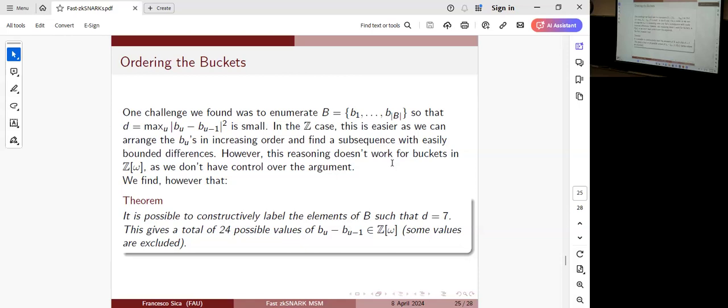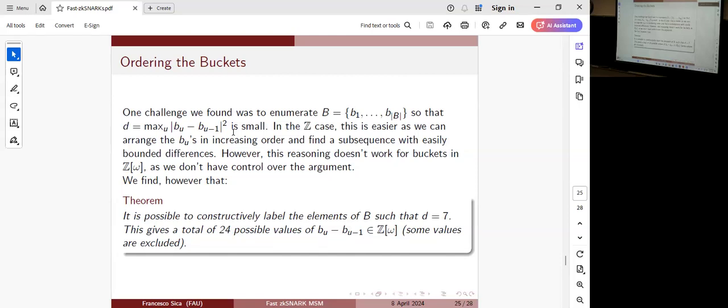So there are several challenges, but one of them is to remember that in the Lefougon method, the buckets were ordered in increasing order so that the difference between consecutive ones was small. There was this distance between consecutive values of the buckets that was small.